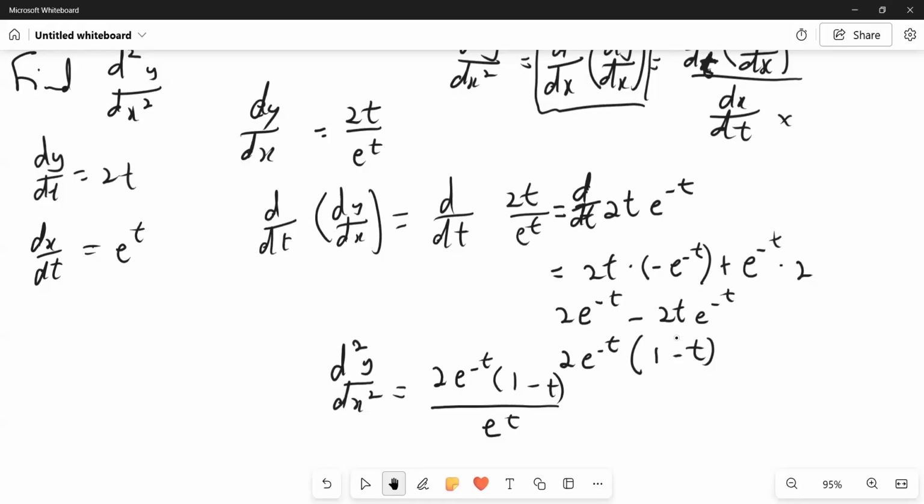And if you know a little bit of algebra, you can bring this up here and you end up with 2e to the minus 2t times (1 minus t). Better know your algebra, because I can very well tell you to do a second derivative and this is the answer staring you in the face.